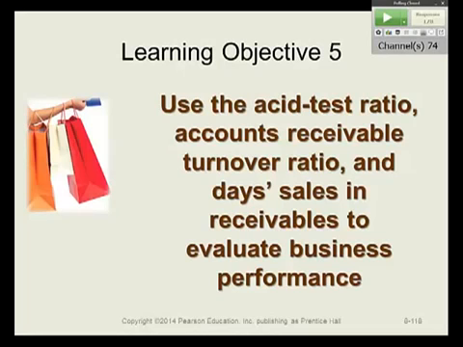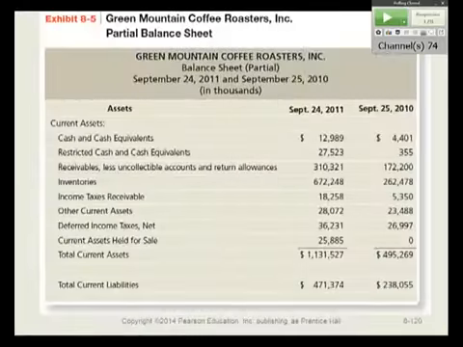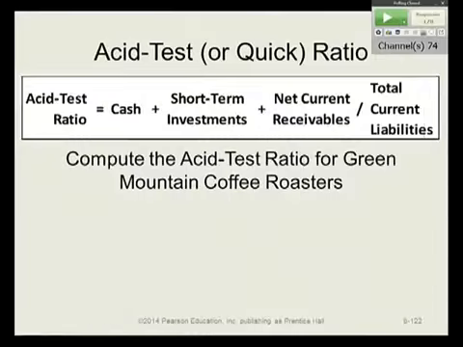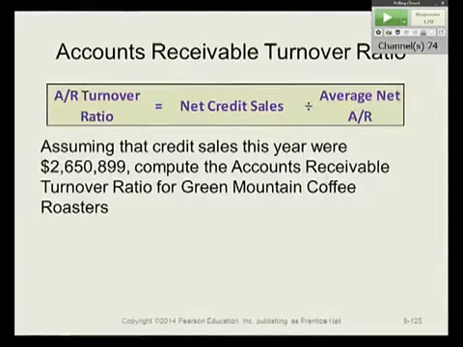Now, we already looked at inventory turnover and days sales in inventory. There is a similar ratio for receivables. So we're going to skip the acid test ratio, and go into the turnover ratio.